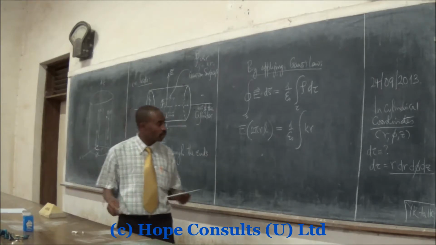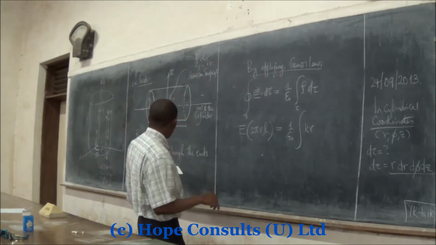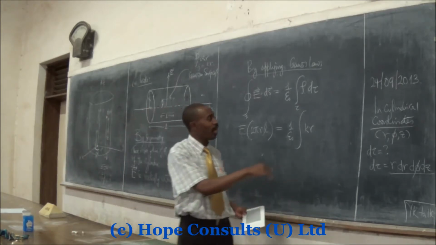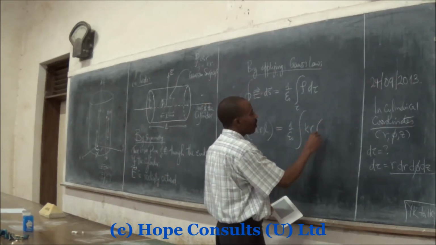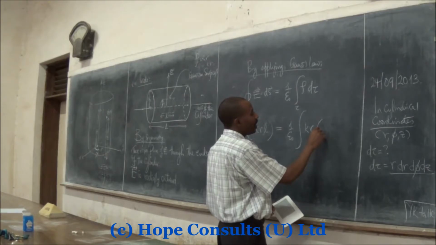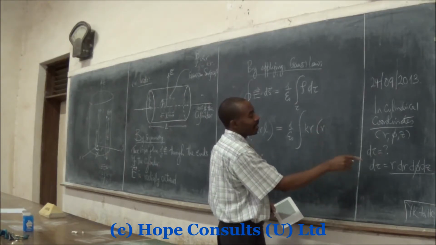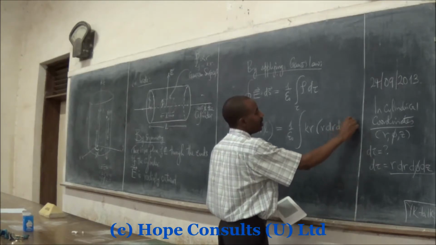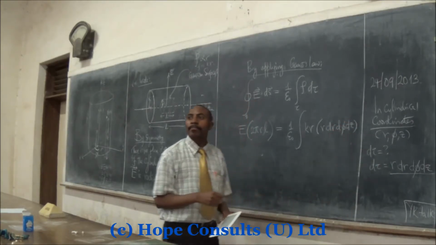So let's now go to our question. Now we are supposed to have our d tau, and our d tau will be r dr d phi dz.